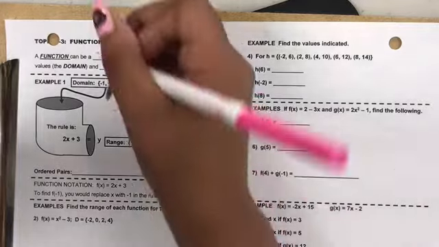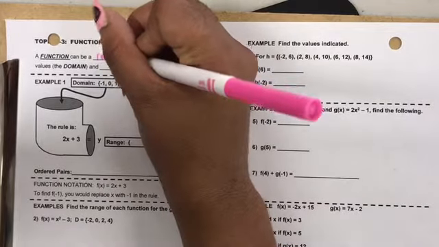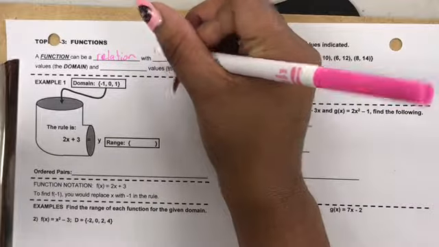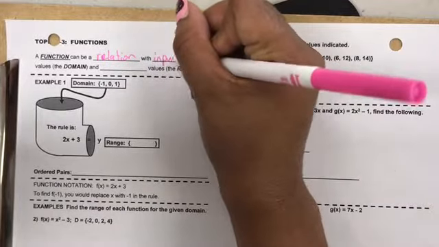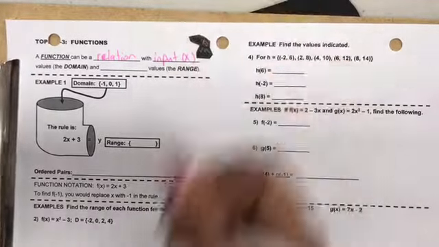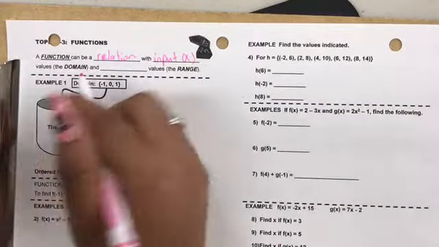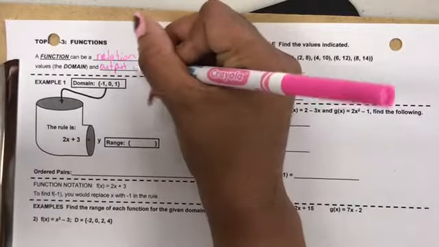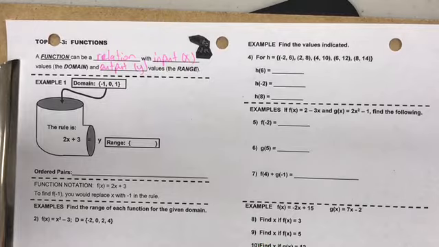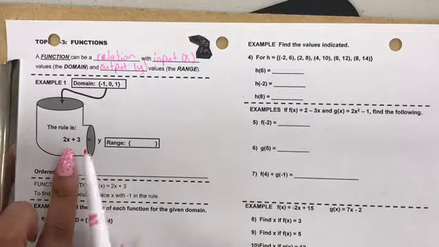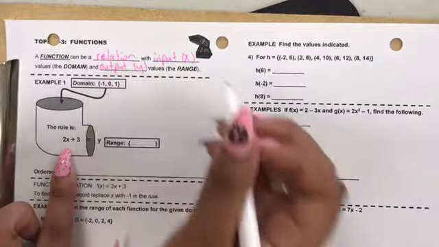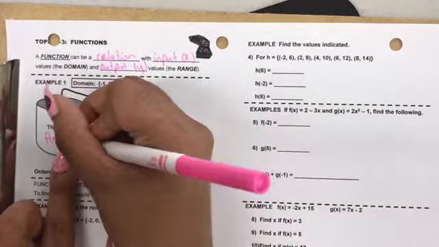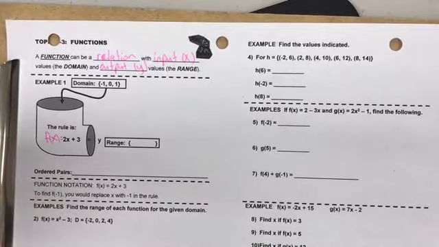So a function can be a relation with input values or x values for the domain and output values or y values for your range. So again, if you have this function, let's say this function is f of x equals 2x plus 3.